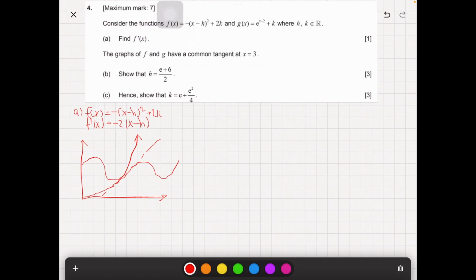Ignore how bad that graph is, but if we look at this graph, we can see that there are two things given to us in the question.